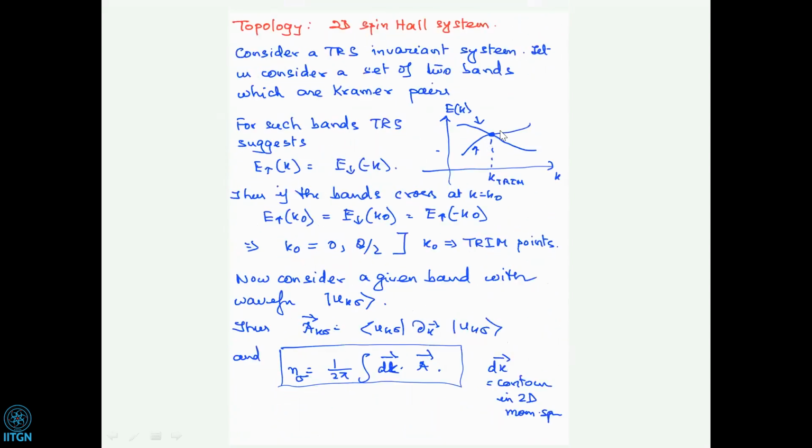Remember that these crossings, if I go sufficiently near them, are like Dirac points, and Dirac points we saw are like vortices in momentum space, which are like singularities. When you are computing this integral of dk A, if you are circling one such vortex, it essentially means that your Chern number can change.